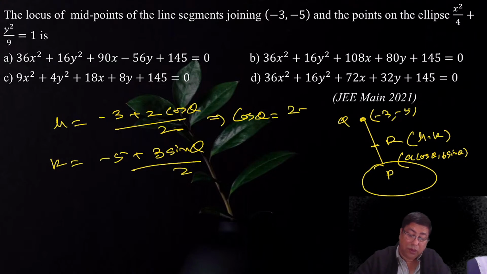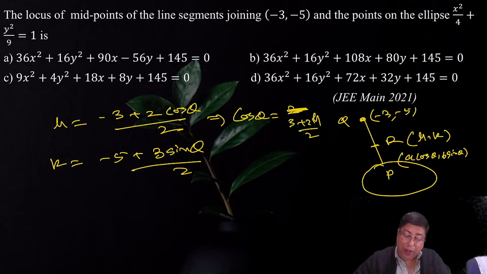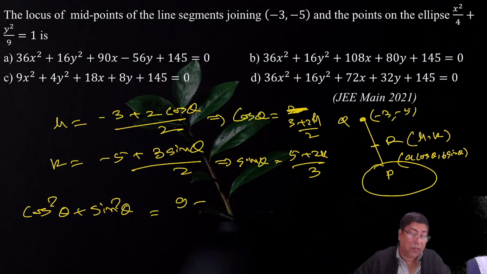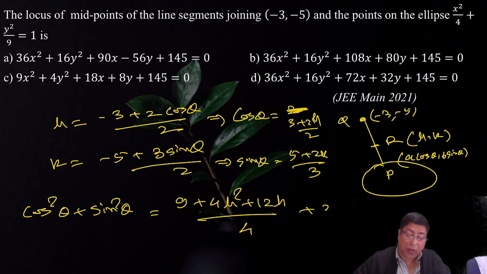So cos theta equal to what here? This is coming to be (3 + 2h) by 2 and sin theta is coming what here? That is (5 + 2k) by 3. By squaring and adding, that is cos square theta plus sin square theta equal to (9 + 4h square + 12h) by 4 plus (25 + 4k square + 20k) by 9.